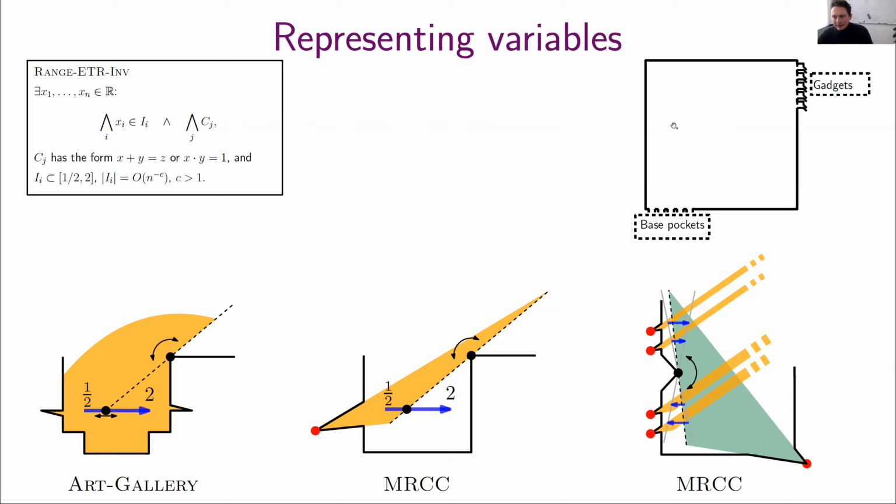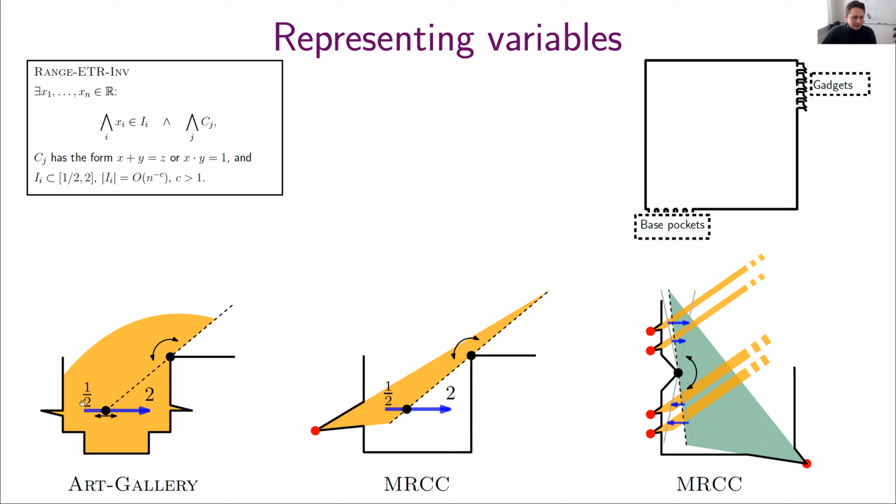The overall design is similar to the one we used for the art gallery problem, where we have some base pockets down here where we represent variables, and then we have some gadgets up here that we can copy variables into, and then these gadgets will simulate the addition and inversion constraints that we have in our range EGR_inf instance. In our art gallery paper, we represented a variable by one guard that had to be placed on this guard segment.